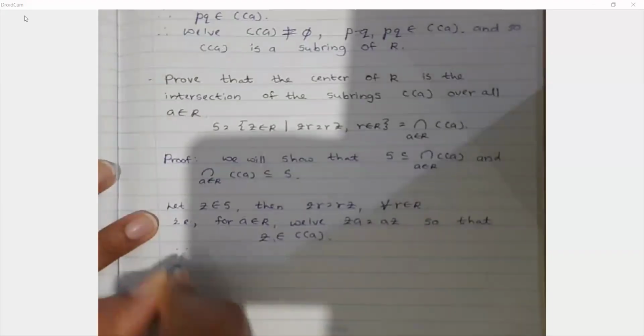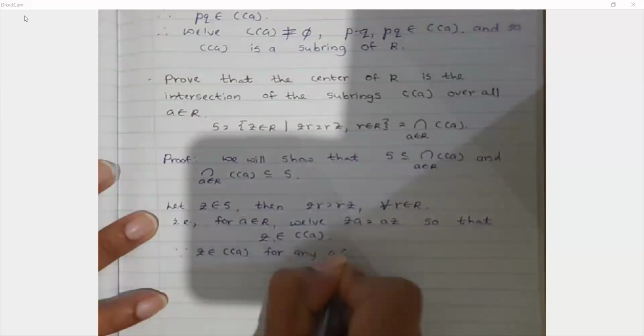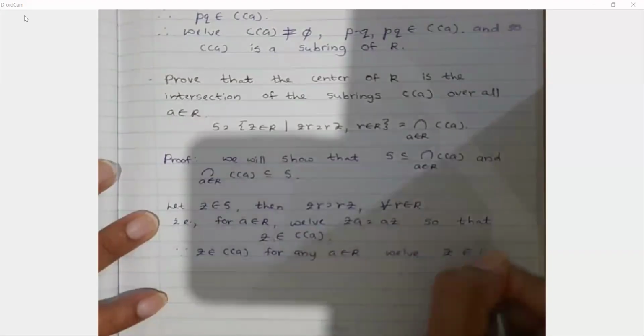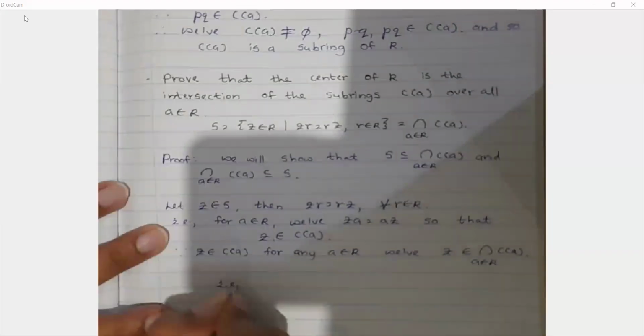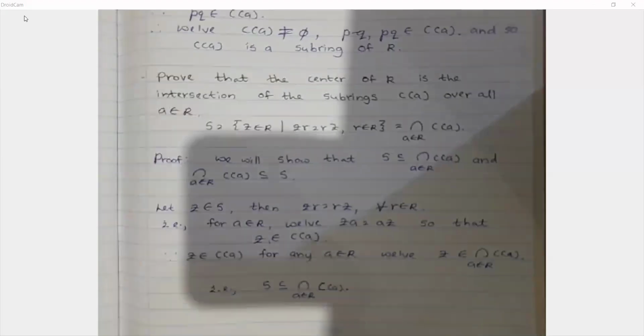So because Z belongs in C of A for any A that you take from R, we have Z to belong in the intersection as well, because it belongs in each of these subrings. That is, S is a subset of this intersection.